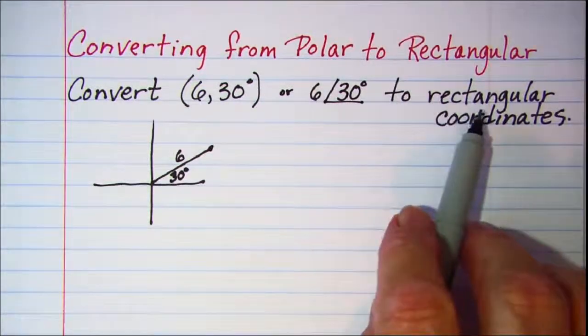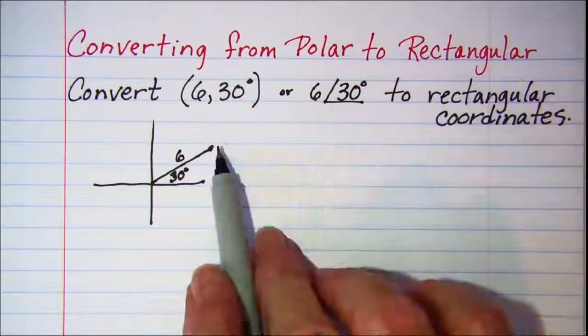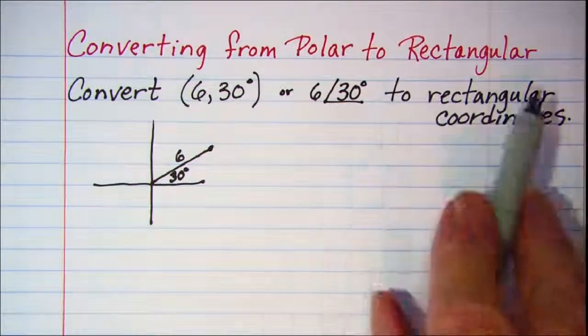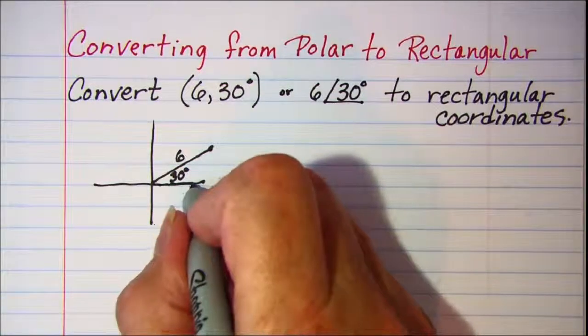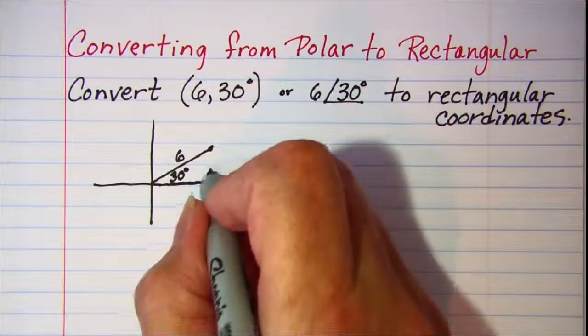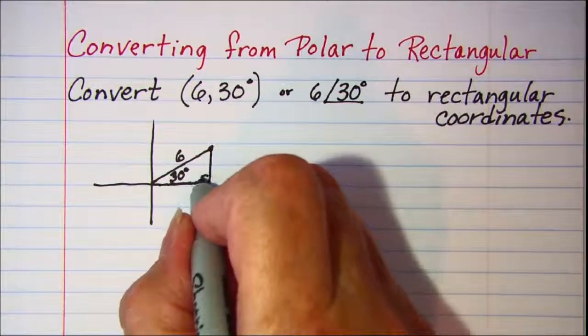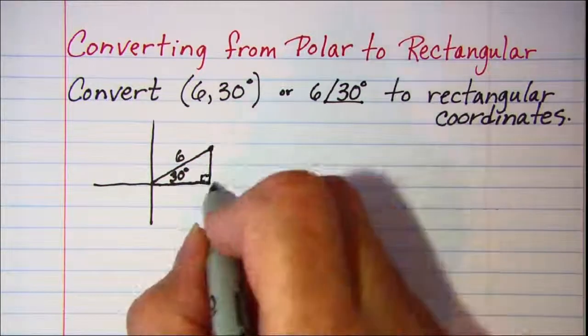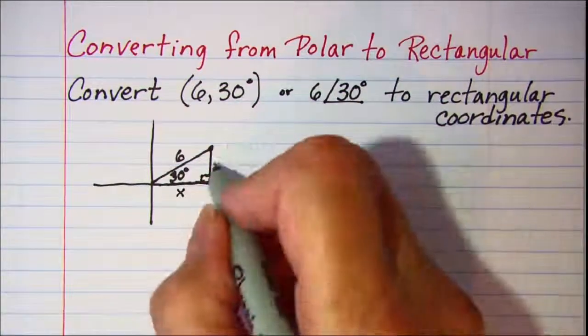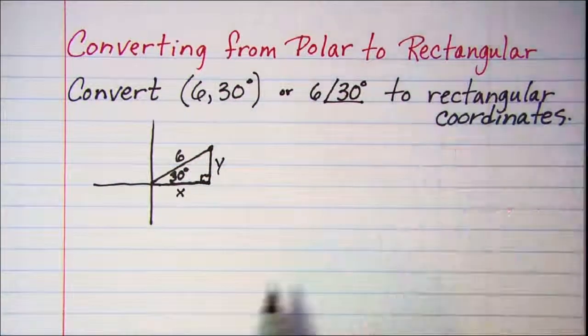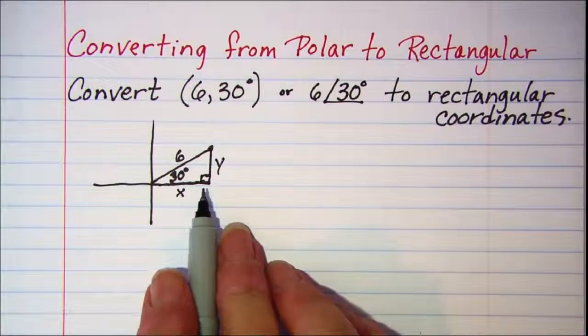Now we're asked to convert this polar coordinates to rectangular coordinates, which means that we need to find some x value and then some y value to get to that point. And a right angle is right here. So let's label this as x and this is y. Now since we have a right triangle, we can use right triangle trig.